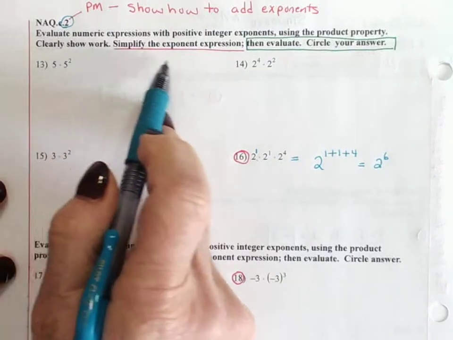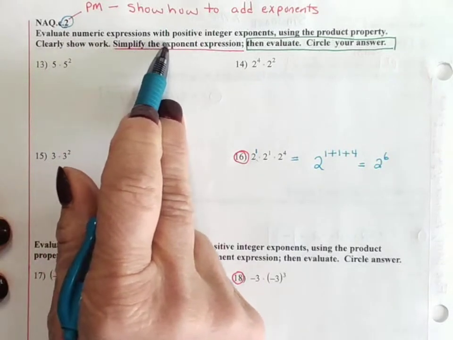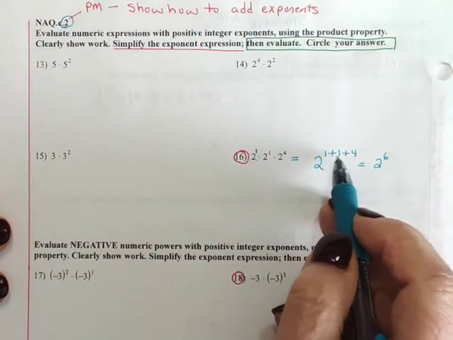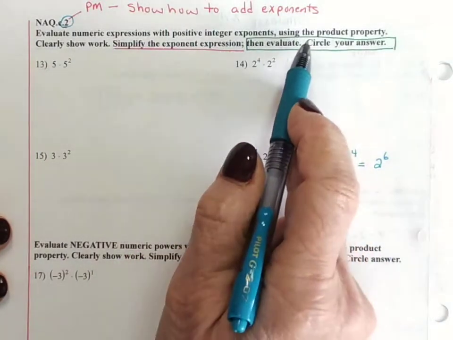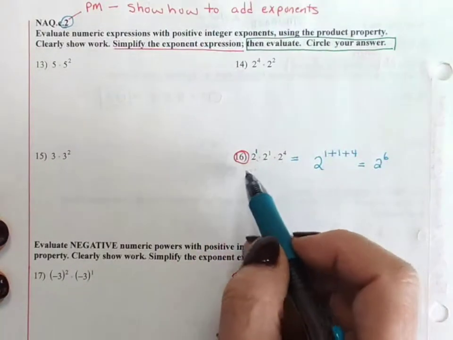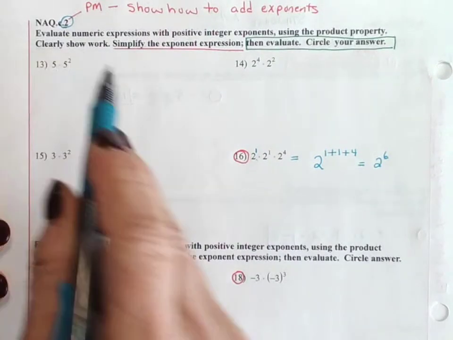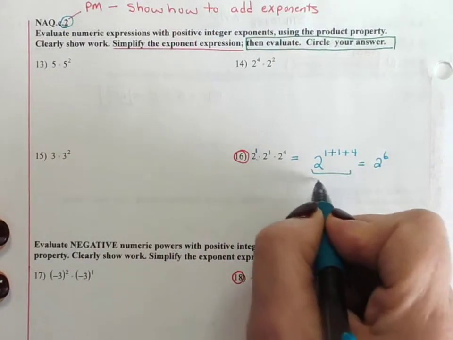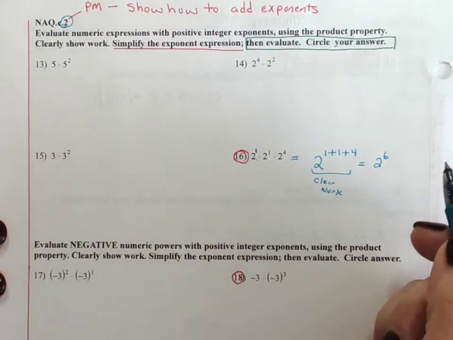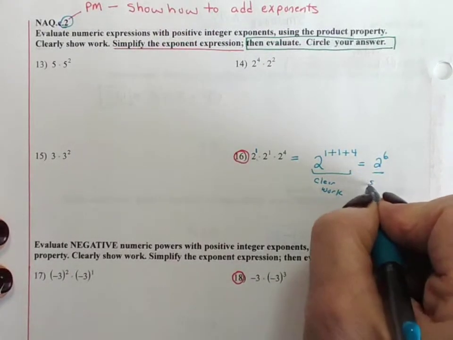I should probably go back here and read the instructions to you. Evaluate numeric expressions with positive integer exponents. So the exponents are all positive. Using the product power, which means when we multiply, we add the exponents. Clearly show your work. So this is clear work. Simplify the expression. So this is simplified.